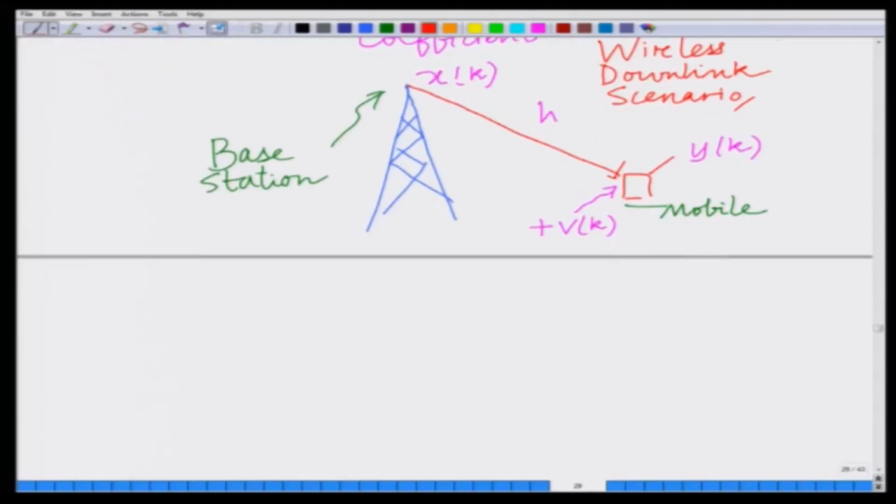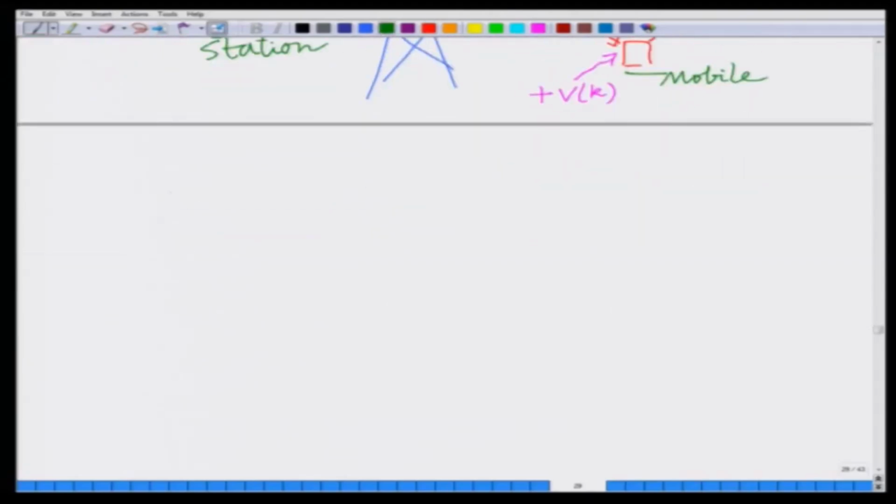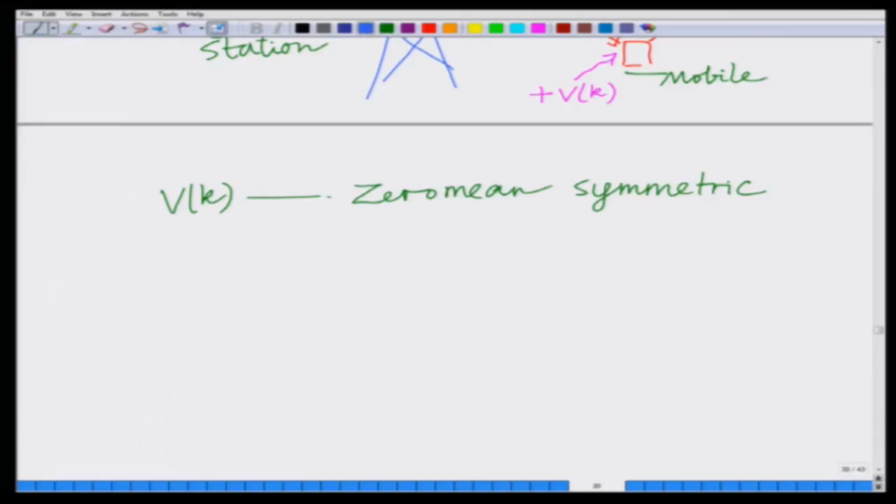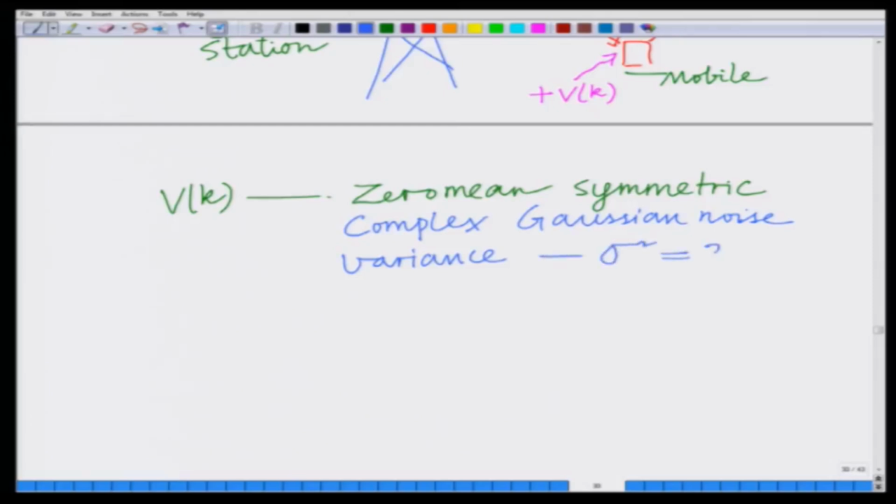All right. So, we said Vk is the additive Gaussian noise, and in previous modules we have also assumed Vk to be zero mean. If you remember, Vk is zero mean symmetric complex Gaussian noise with variance sigma square equals 3 dB.